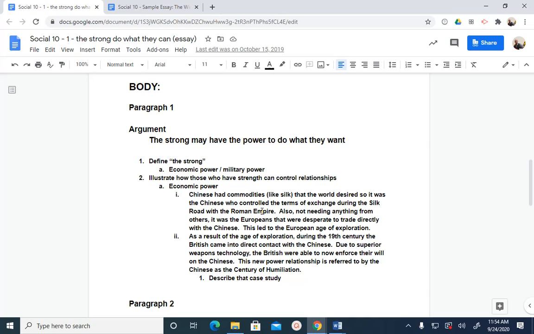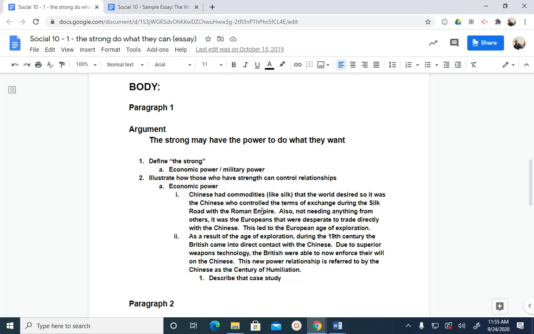You can see that economic power, section 2: as a result of the age of exploration during the 19th century, the British came into direct contact with the Chinese. Due to superior weapons technology, the British were now able to enforce their will on the Chinese. This new power relationship is referred to by the Chinese as the century of humiliation. So the case study we did this morning fits right there in this essay.